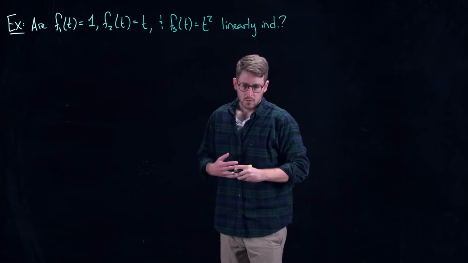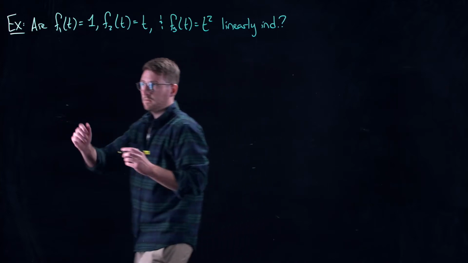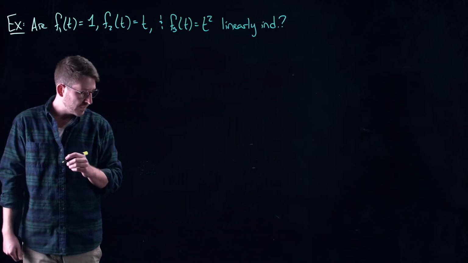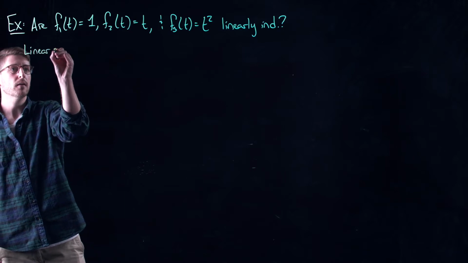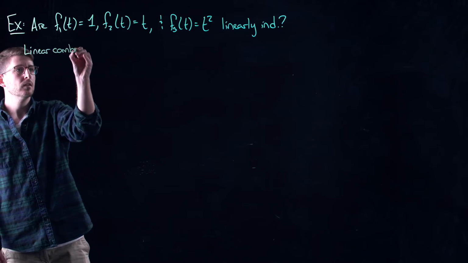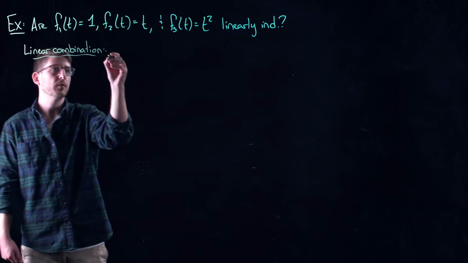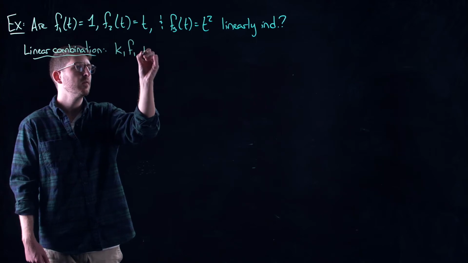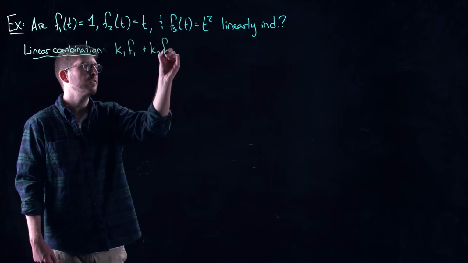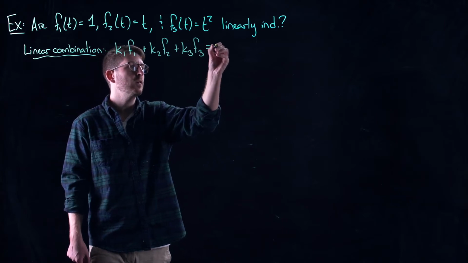Okay, well, let's take a look at what this means. Remember, for linear independence, you need to take a linear combination. So remember, we're going to use k's here: k1 f1 of t plus k2 f2 plus k3 f3 is equal to 0.